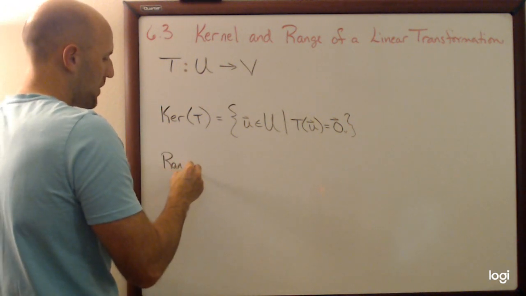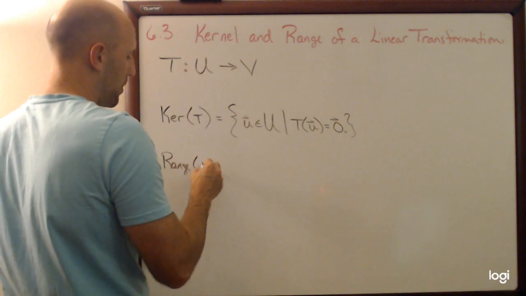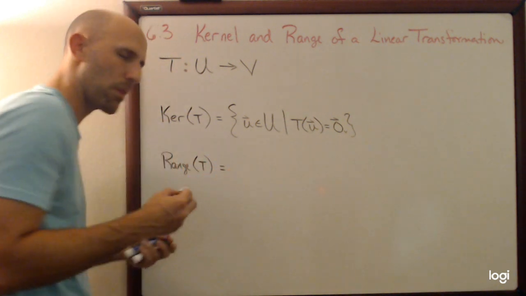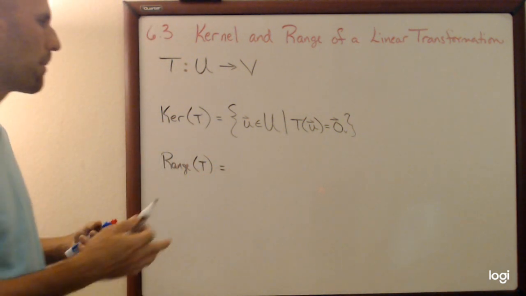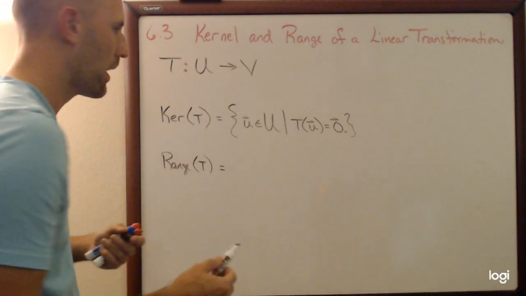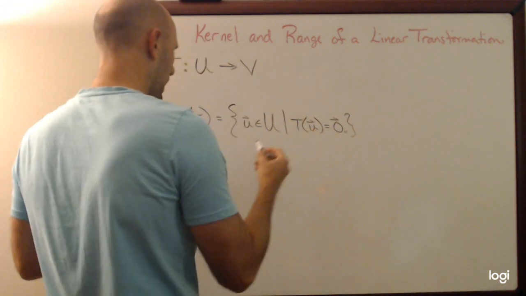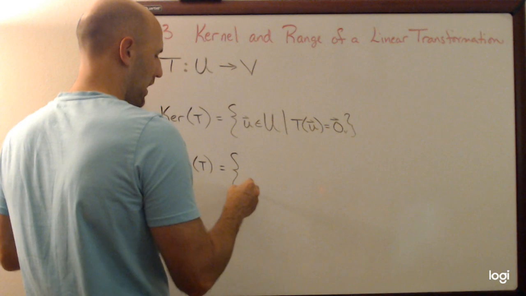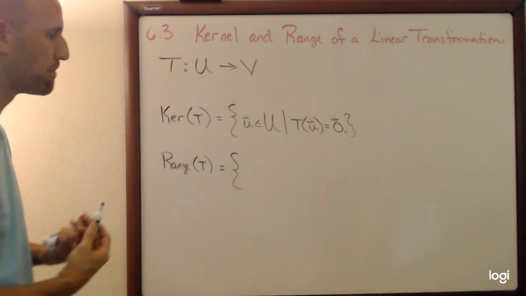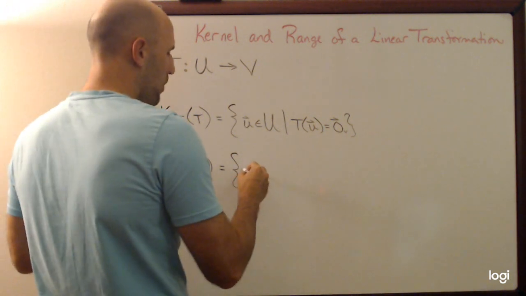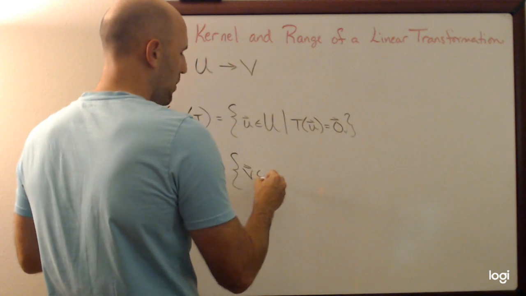Okay, range, again, we can write it. Now the definition I'm going to give here, I don't like the one in your book. It's just not very descriptive. So this is going to be a little bit more wordy, but I'll use some English to make sure we don't get overloaded with symbols. So my range lives in my codomain.